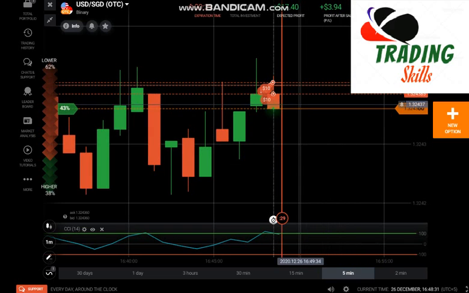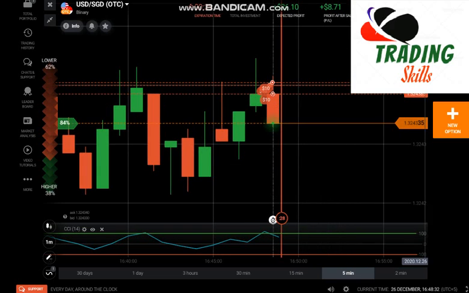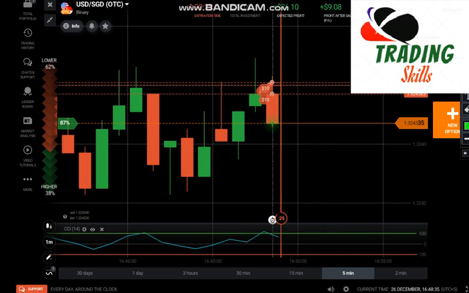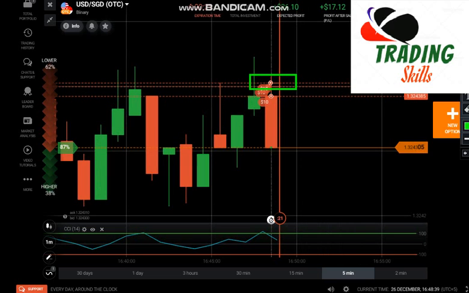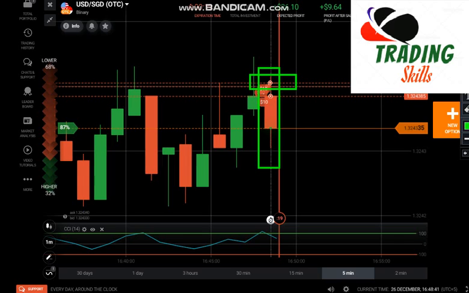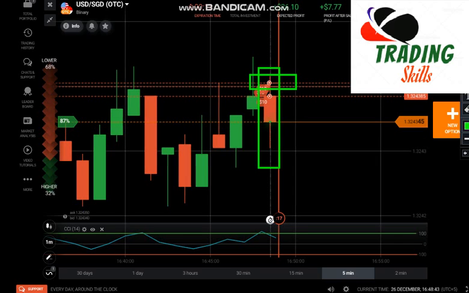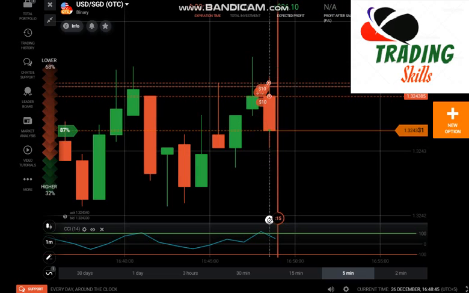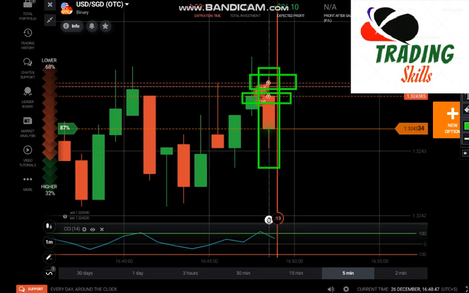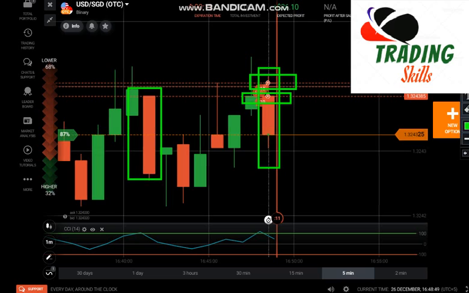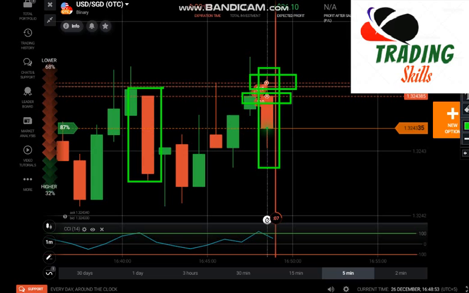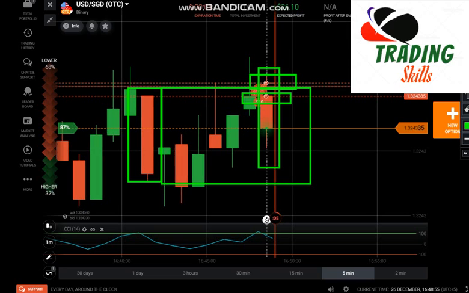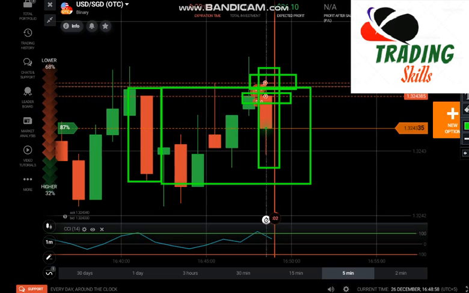So why did I take this trade? Because the market went up and this was my bonus area. So you can see how the market is coming down from this point, and I am worried about only this trade, but the market is coming down step by step from this zone. So you can see how I am taking the trades, and I took all trades in front of you all.